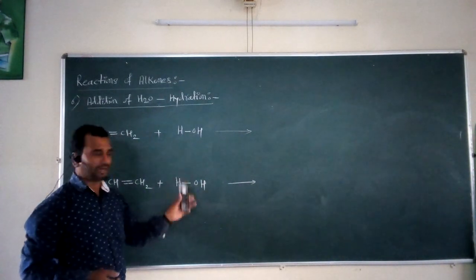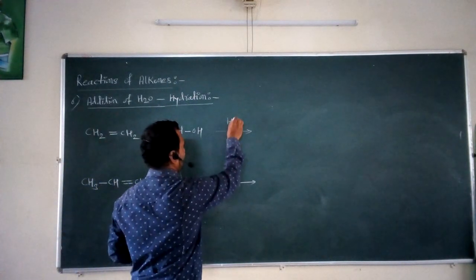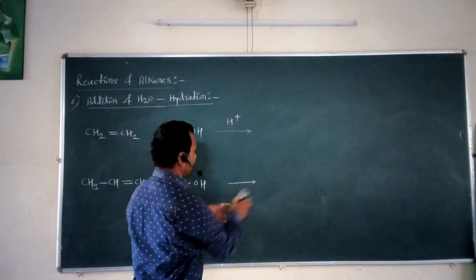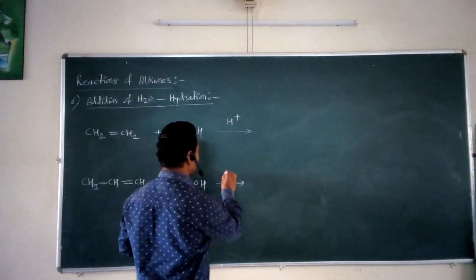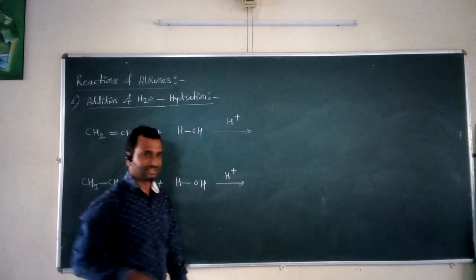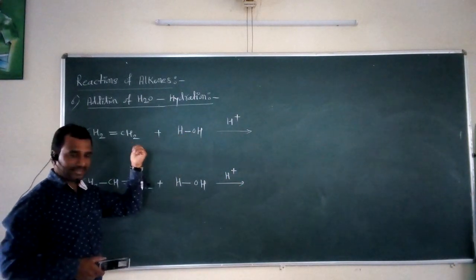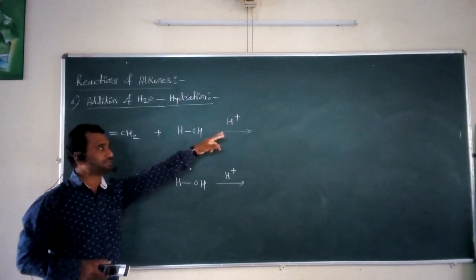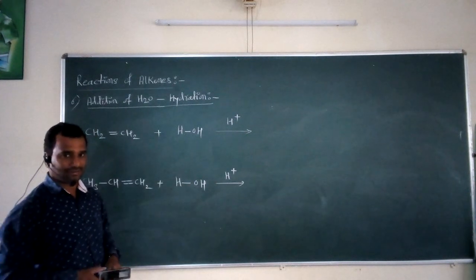Now this water interacts with the alkene in the presence of a suitable acid, that is, acidic conditions. So this is a simple skeleton for this reaction. We take a proper alkene and a water molecule in the presence of some acidic catalyst.